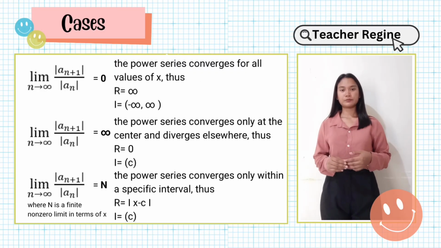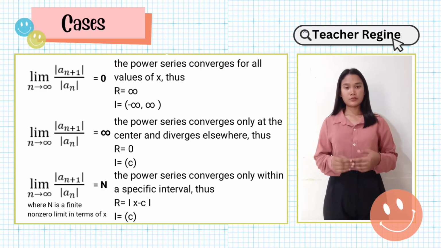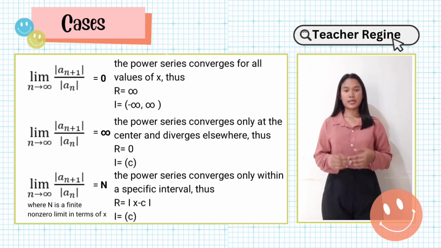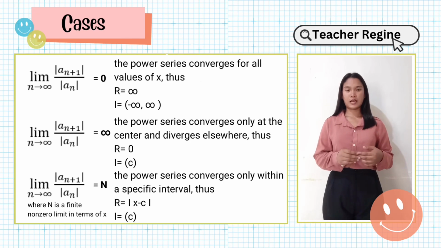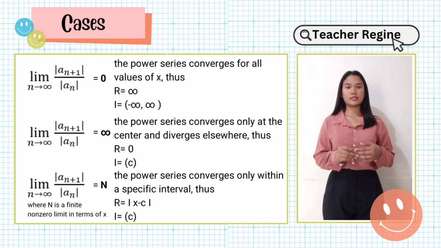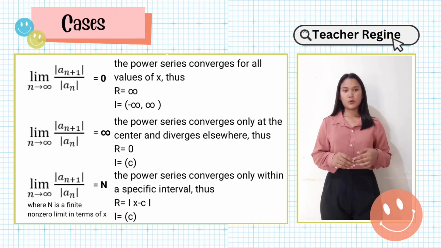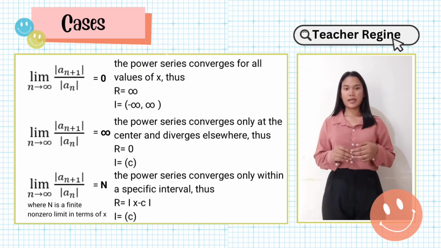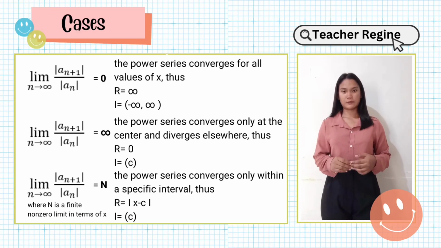Thus, the radius of convergence can be determined using the inequality absolute value of x minus c less than r, and the interval of convergence is between c minus r and c plus r, where endpoints convergence must be checked separately.